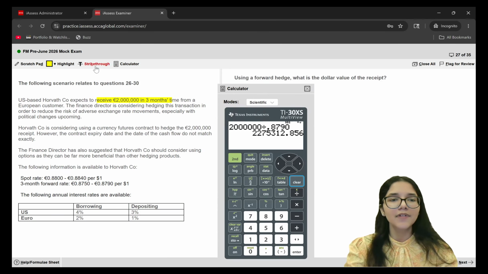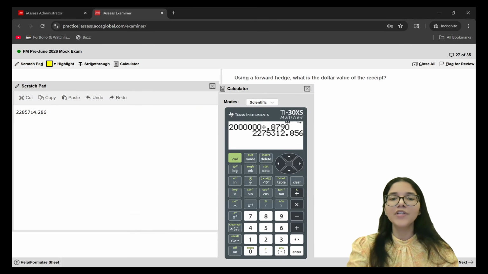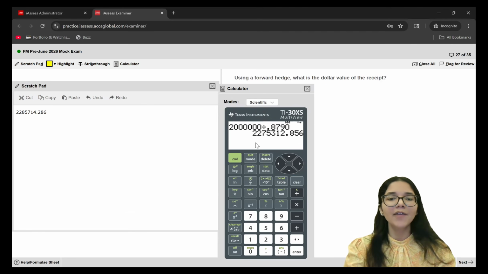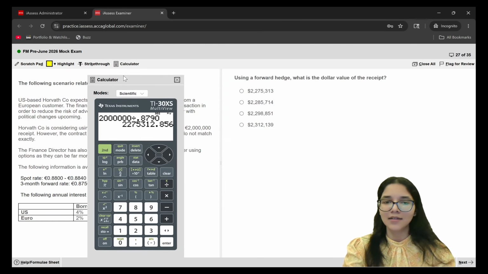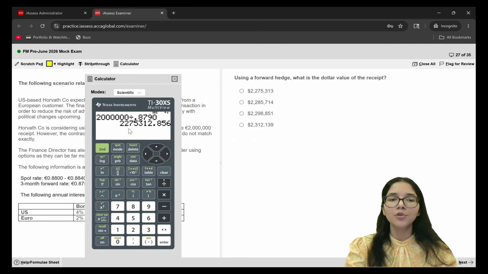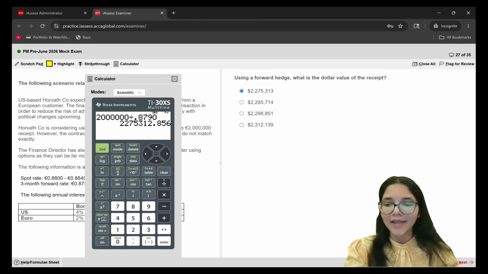So you can see this way I am getting this many dollars. So now you get to decide which option the bank will be willing to give to you. Would the bank want to give you 2285 or would they want to give you 2275? Definitely the bank would want to give you a lesser amount of money. So 2275312.856. This makes the very first option the correct answer. So this is going to be the dollar value of the receipt if I go ahead with a forward hedge.